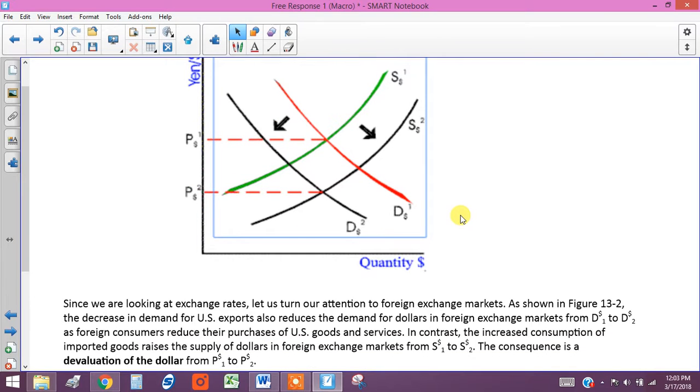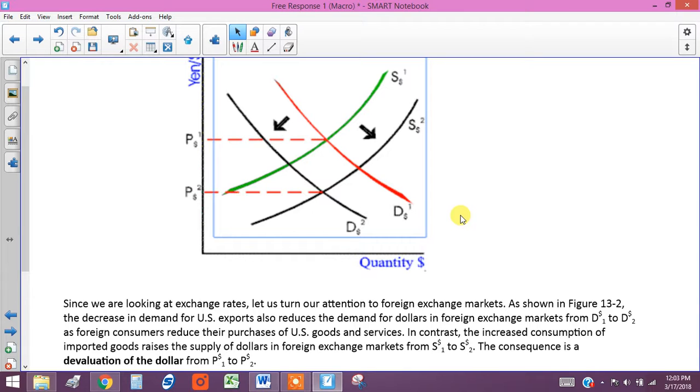Why is that? Well, when we have inflation, that's going to mean that our goods cost Japan more to buy. Say we're selling cars to Japan, not that we sell a whole lot of cars to Japan, but just say we do, and a $20,000 car now costs $23,000 because of inflation in America.